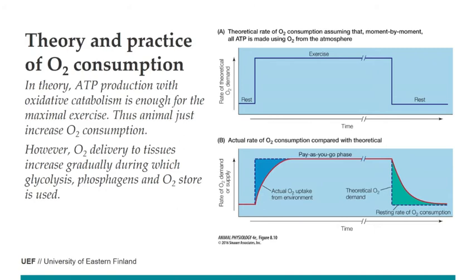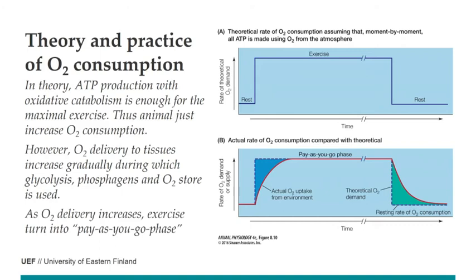And during that period, it gives time for increasing the respiration and movement of oxygen in the circulation and oxygen uptake in your cells, etc. And after that, if it's an aerobic level, then there is a pay-as-you-go phase. Which means that the aerobic metabolism is producing as much ATP as ATP is consumed.